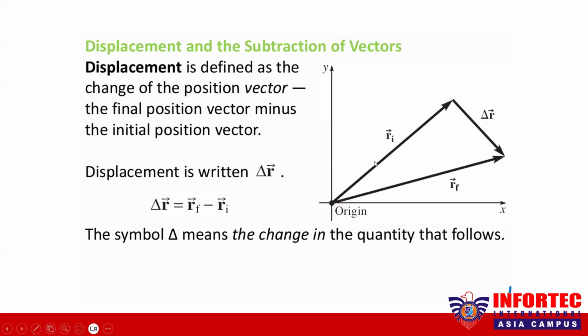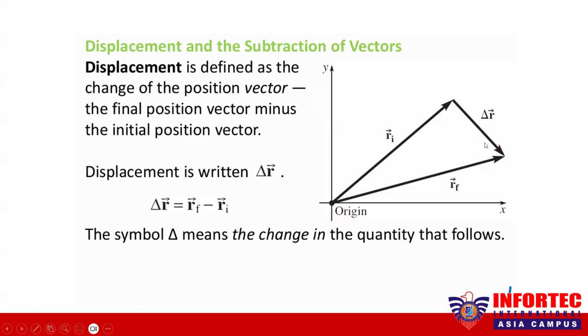Okay, clear. But we cannot subtract these as normal numbers. I told you at the beginning of the lesson on vectors that we cannot add or subtract vectors as normal numerical numbers. Here they are represented by vector notation.